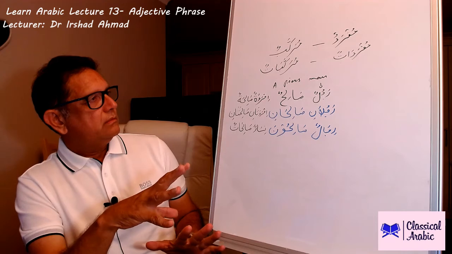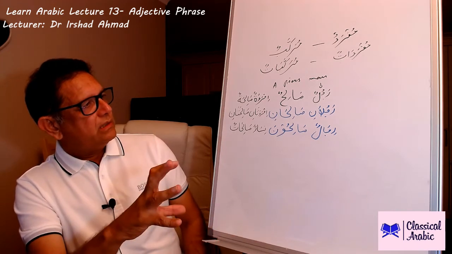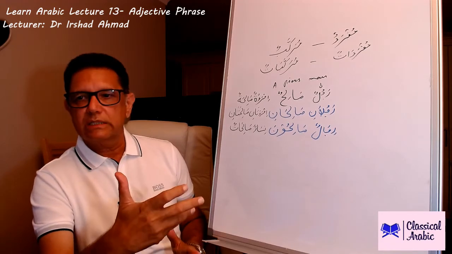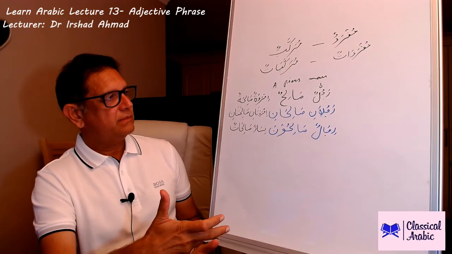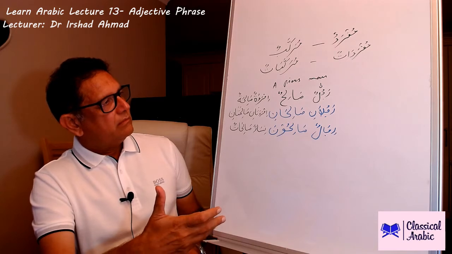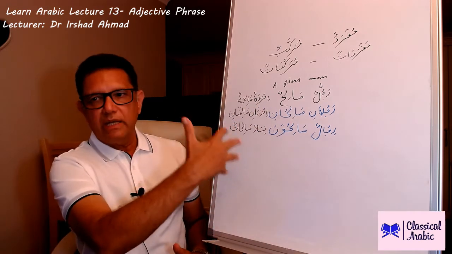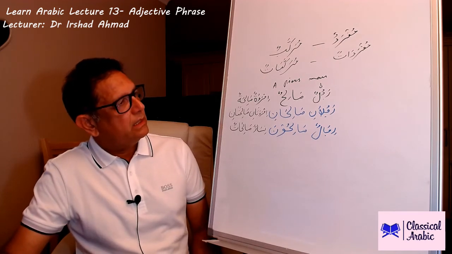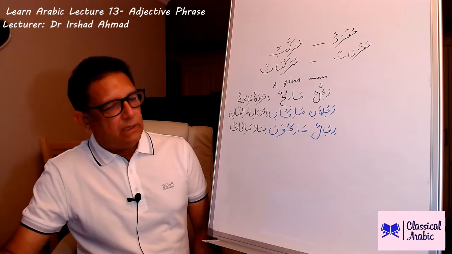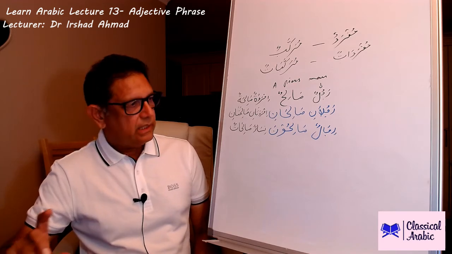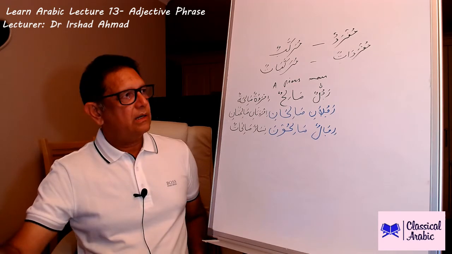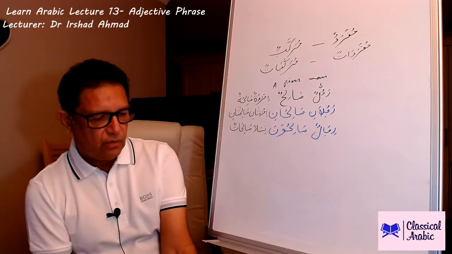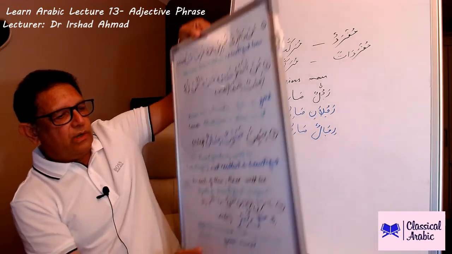So we are not really building our vocabulary here. What we are doing here is trying to understand what murakkab tawsifi is, and two examples but many phrases which we have made from that. Let us move on to some Quranic examples, because end of the day our aim is to study Quran, and Quran will help us to build our vocabulary anyway.